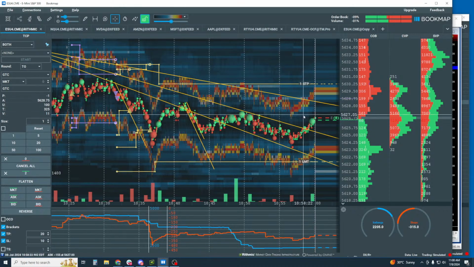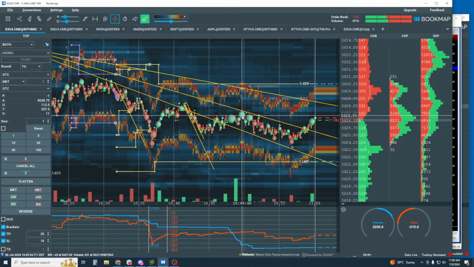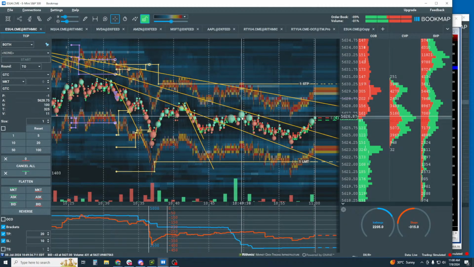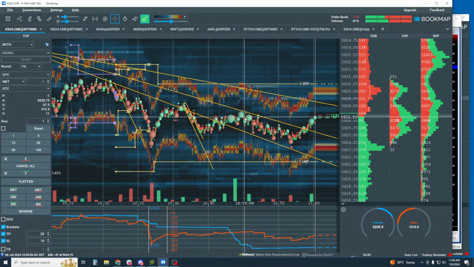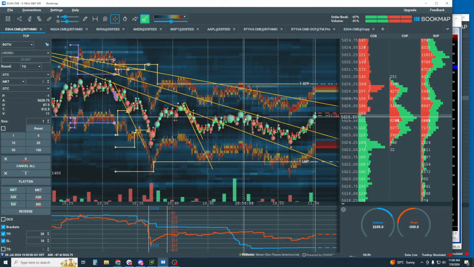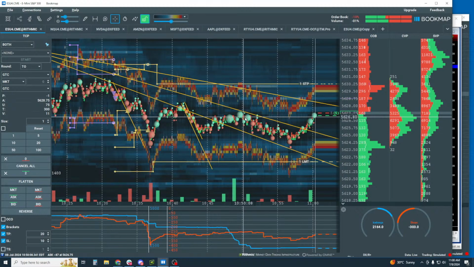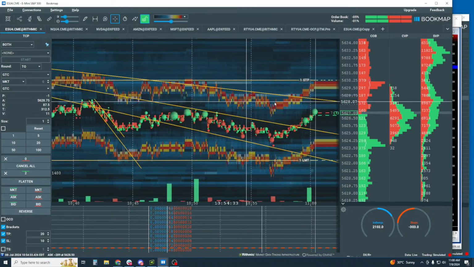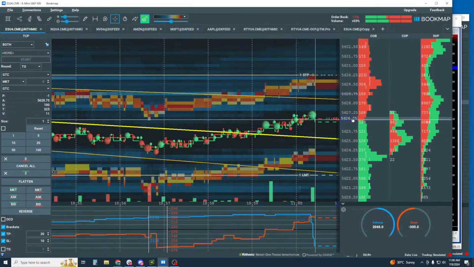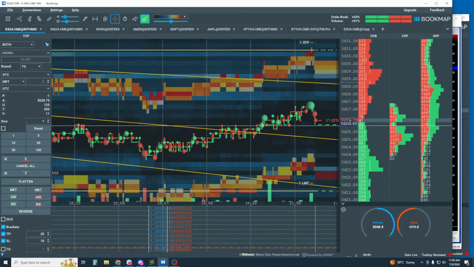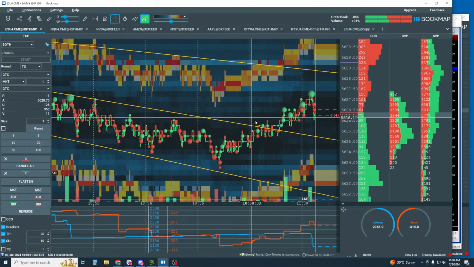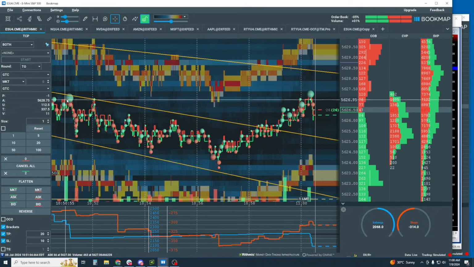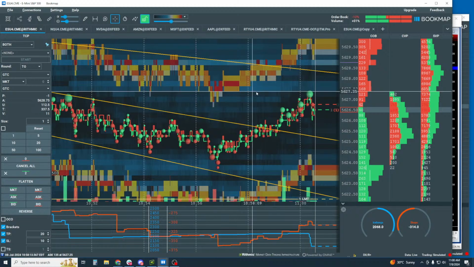Market structure is being tested here. We haven't made it through it, but we're back up here and we're finding our buyers. Buyers back up at this same level here.